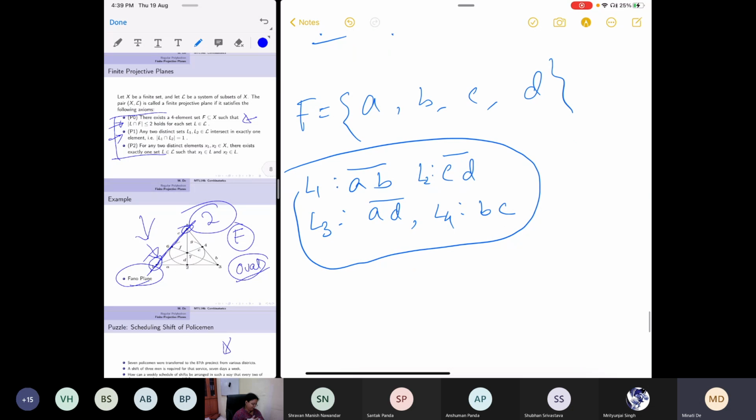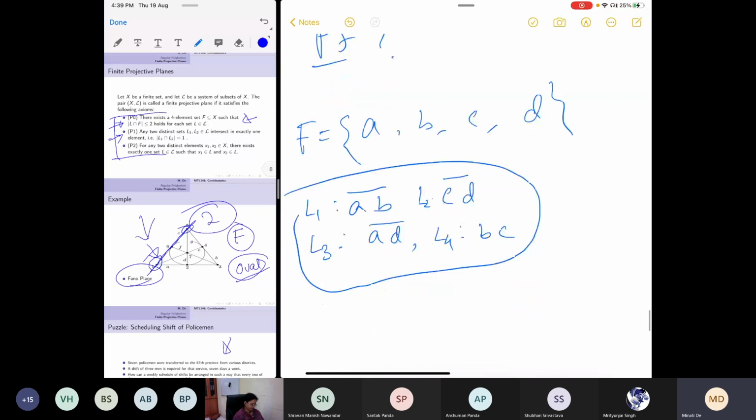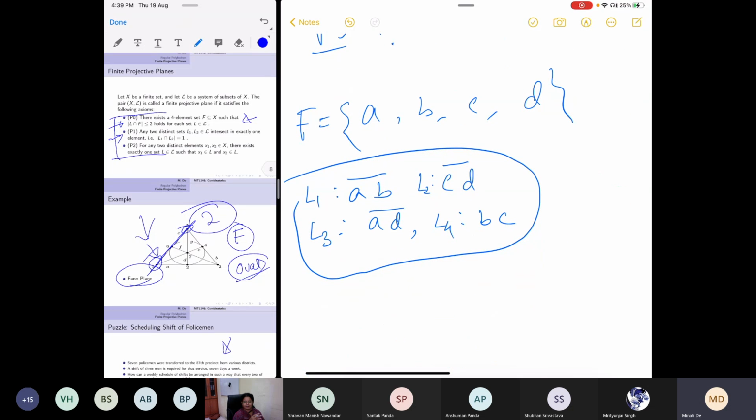And my claim is these are the 4 lines which satisfy this property. That's my claim, but you need to prove it. So out of these 4 points given in F, I have constructed 4 lines like this, and my claim is these 4 lines are basically satisfying the property.